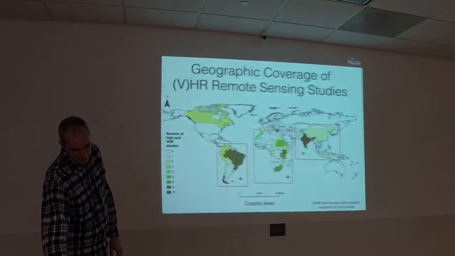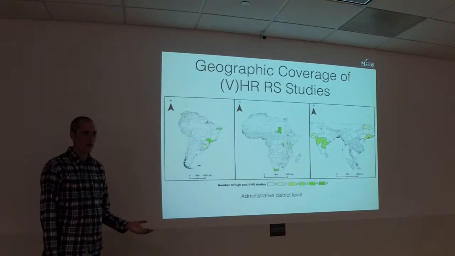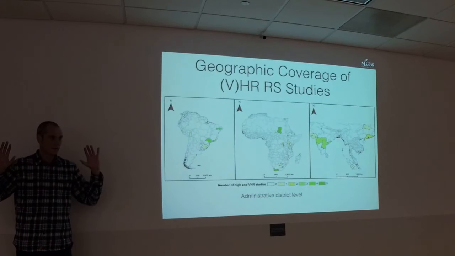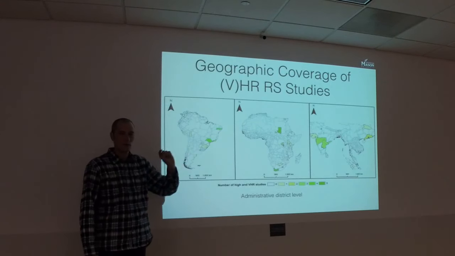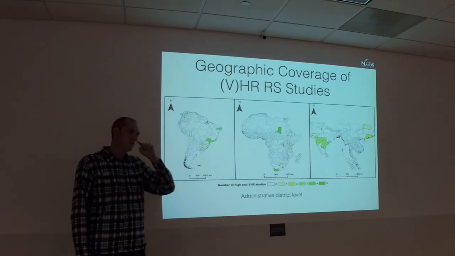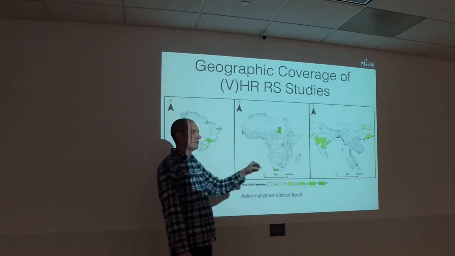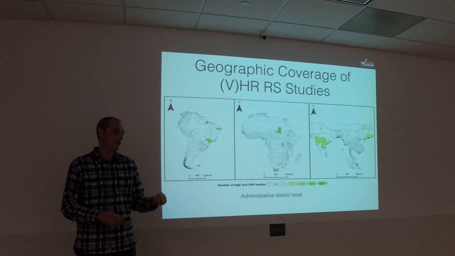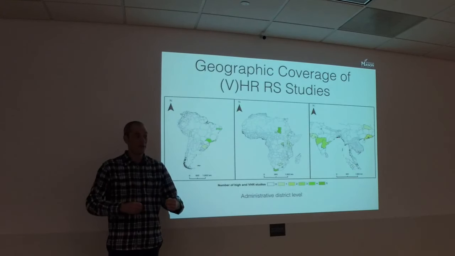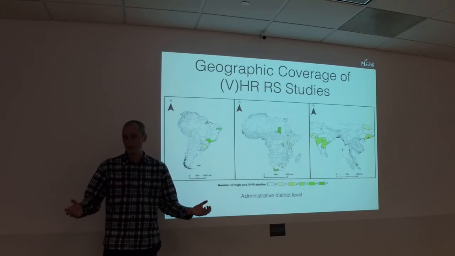And then if you actually look at where these studies were occurring, remember that map from the beginning. Slums are a global problem, but the studies are actually in very small areas, looking at one slum at a time. There are very few studies that compare multiple slums in the same city or multiple slums in different cities.